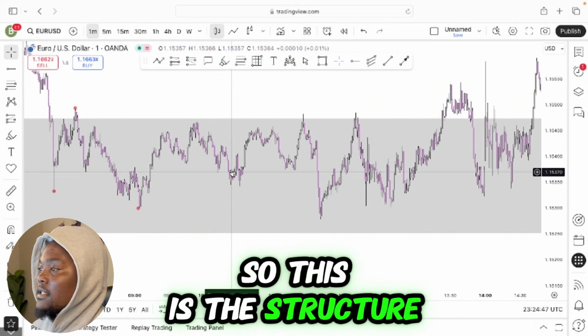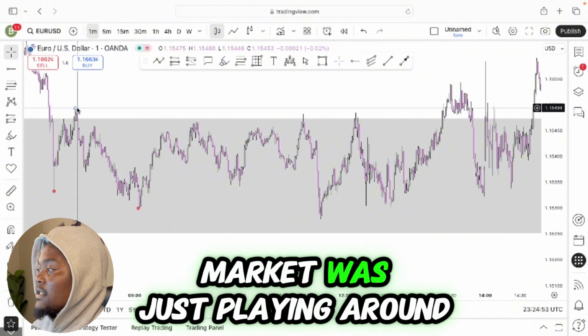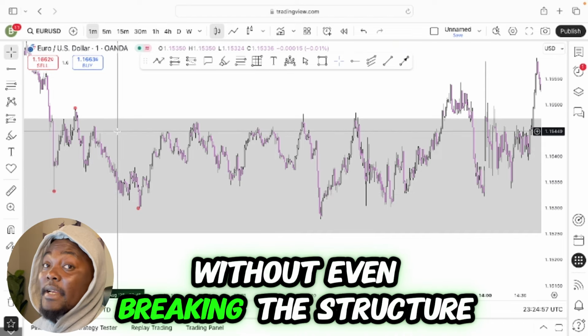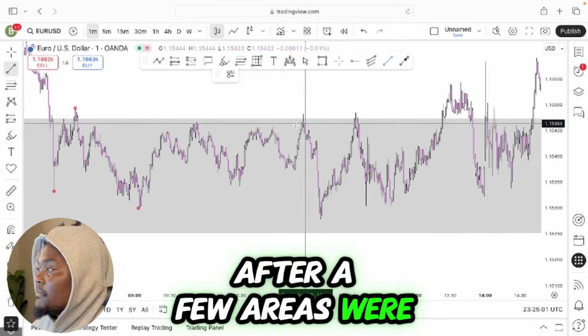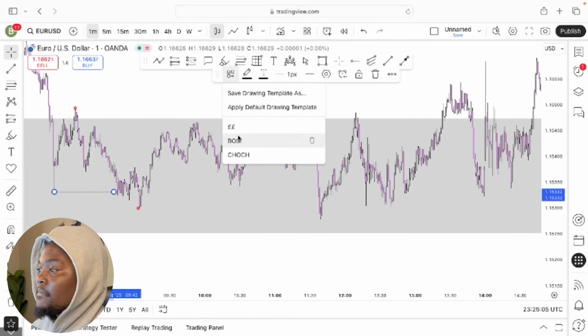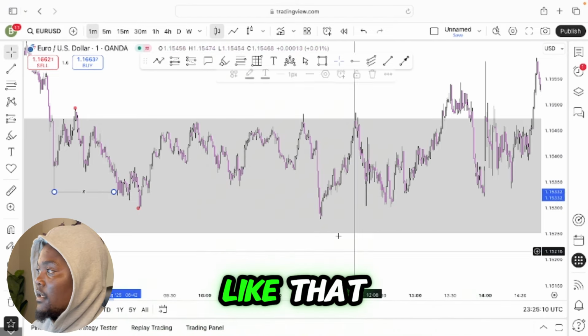So this is the structure. Since we haven't broken this high here, the market was just playing around here without even breaking the structure. After a few areas were taken out, that is when we had that sweep here. So the sweep of liquidity, just like that.